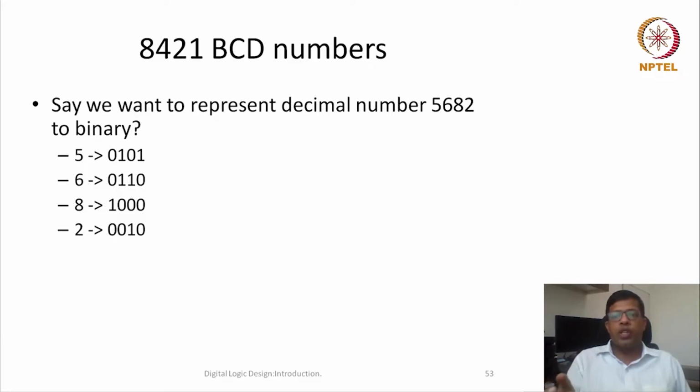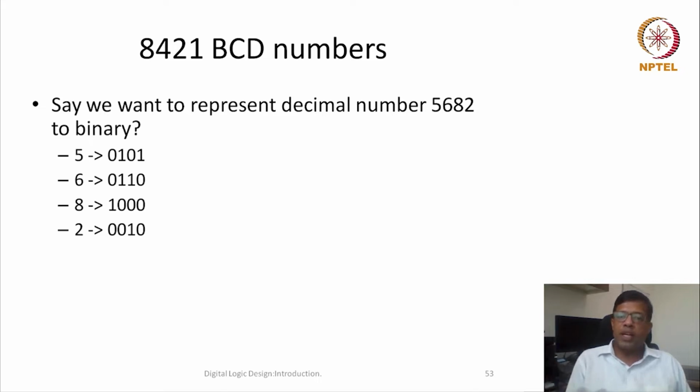So we can represent 5 as 0101, 6 as 0110, 8 as 1000, and 2 as 0010. These are the standard representations in our positional number system. Also in the positional number system we represent all these symbols like this.